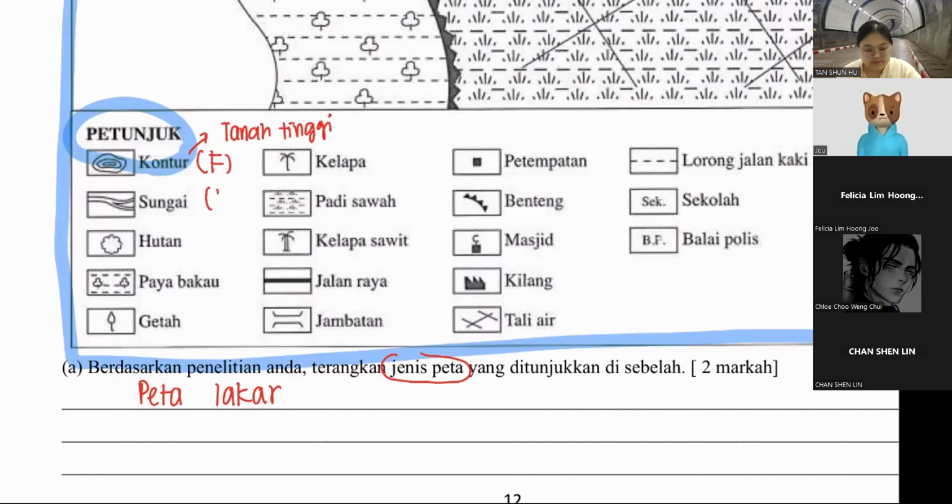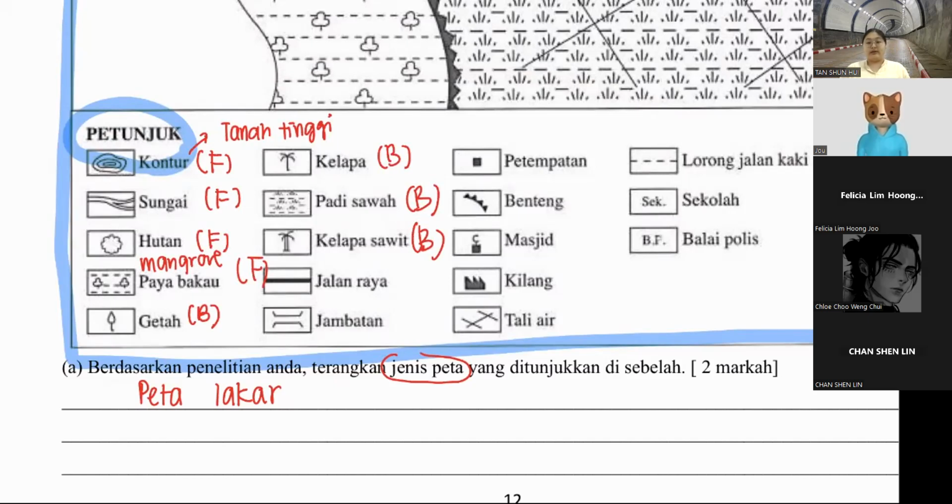River, physical. Hutan, forest, physical. Paya bakau, mangrove, physical. Getah is plantations. Yes, they are budaya. Kelapa, budaya. Padi, budaya. Kelapa sawit, budaya. Why? Because we plant it for money purpose. We plant it to earn money. All right.